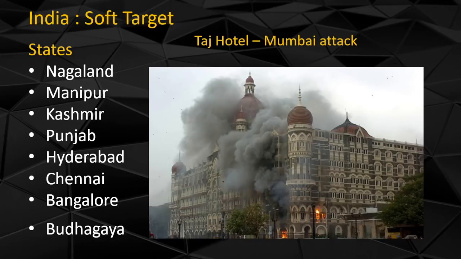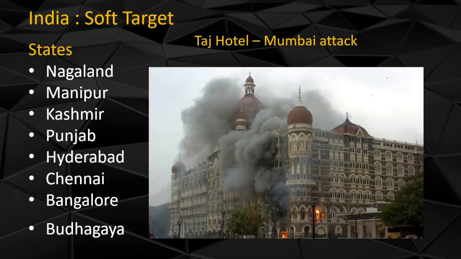One important terrorist attack that took place in India was the Taj Hotel in Mumbai. You can see the picture, the Taj Hotel being destroyed during the terrorist attack in Mumbai.